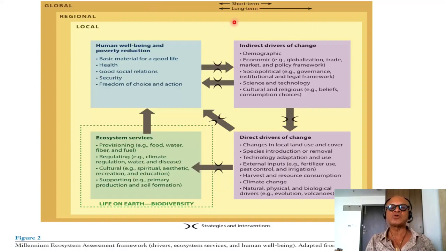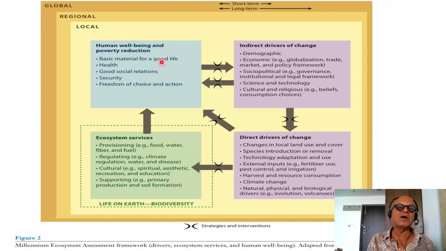There is a short-term and long-term time scale involved there as well, and ecosystem responses depend on the time scales, and how quickly some species can respond depends on how quickly the environment is changing, whether it's temperature, precipitation, humidity, or vegetation, habitats, and so on and so forth. Under that you have regional and local assessments, and you also have strategies and interventions.